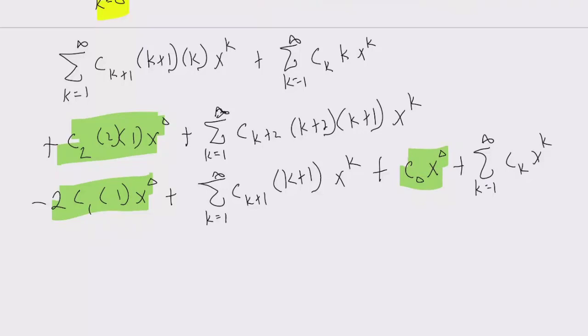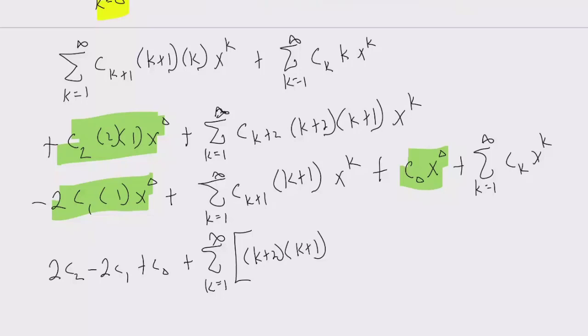All right, so that's going to give us 2c2 minus 2c1 plus c0, plus, and then let's collect up all of the terms, but now I can do it under a single summation. So it'll be a big, giant pattern of these. So we got k plus 2, k plus 1, and I'm going to factor out an x to the k at the end.